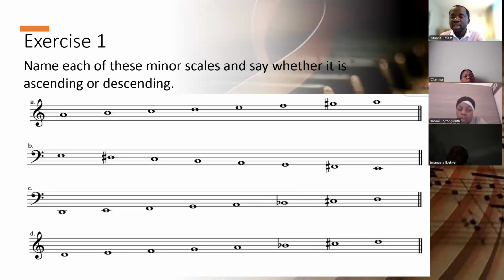And if you remember, in F major, what note was flattened? Is it B? It's B. So in your D minor too, B has to be flattened. So that's why this B is flattened. Do you understand now? Yes, I understand.